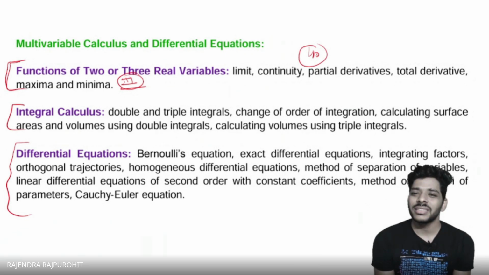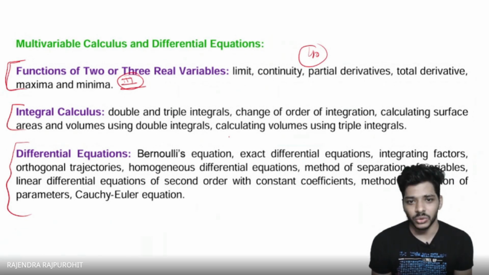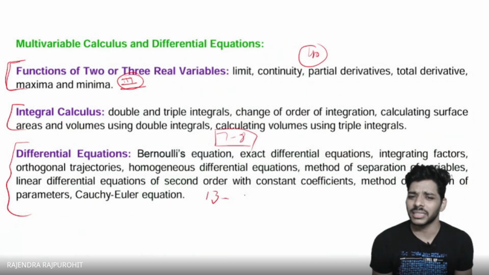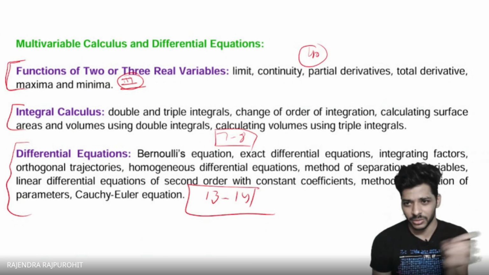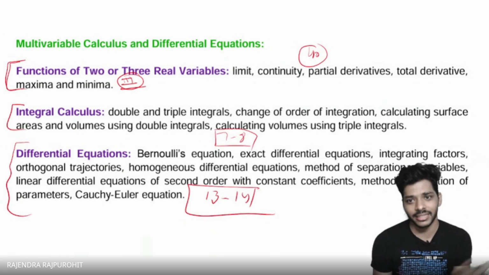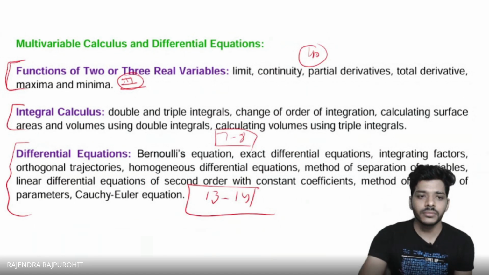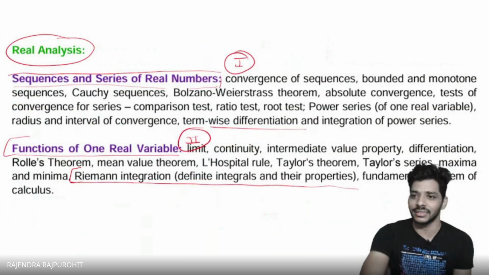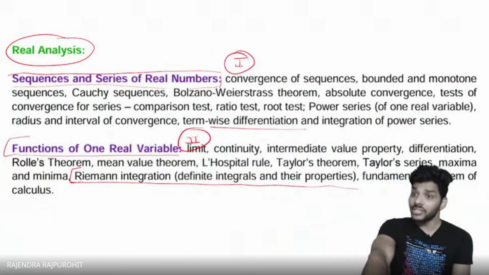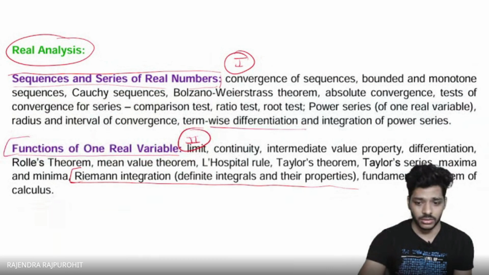Integral calculus was 7 to 8 marks as usual, and differential equations was 13 to 14 marks. I don't remember correctly. These calculations can vary by 2 to 3 marks at most, and they are from the last exam, the most recent one. So this is the marking distribution for each subject in your IIT JAM exam.